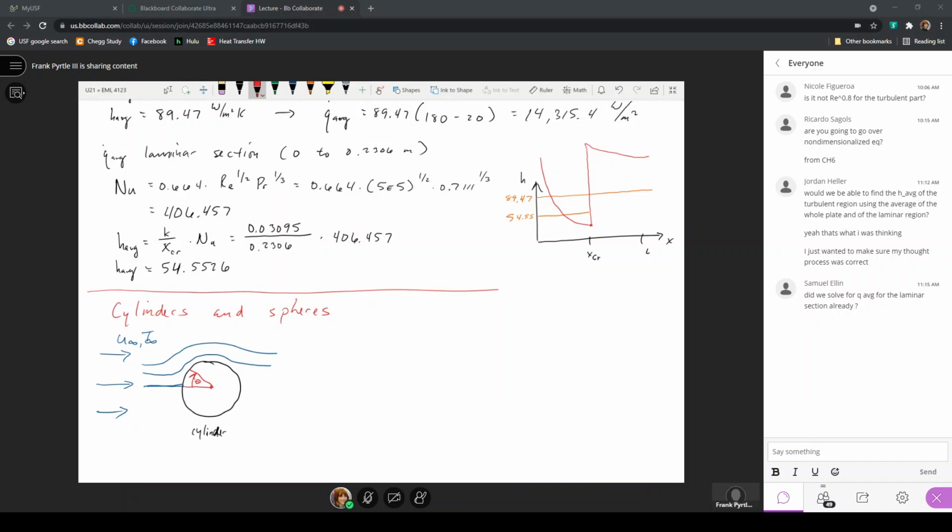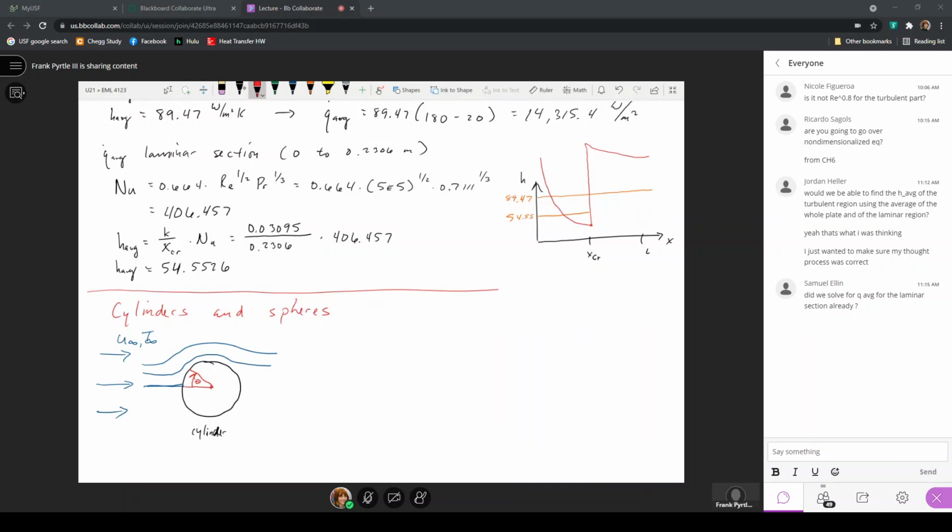But the reason that single correlations for cylinders and spheres are presented is because, unlike in a flow over a flat plate, where the length of the plate is going to determine what kind of heat flux variation you get and that you're interested in, when we're considering cylinders and spheres, we're often interested only in what is the heat transfer rate out of the entire perimeter.